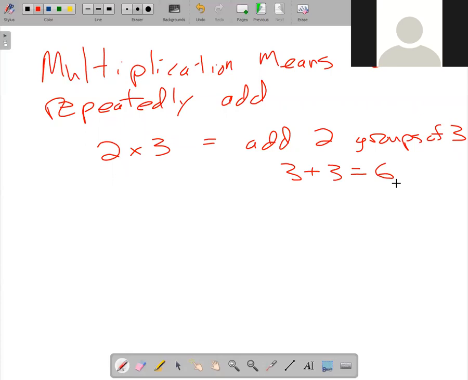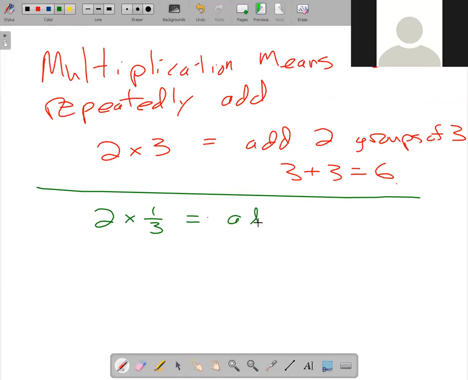No problem. That works fine if I do something like 2 times 1/3, because that means add 2 groups of 1/3, which is 1/3 plus 1/3. And we know they have the same description, so I must have 2/3.